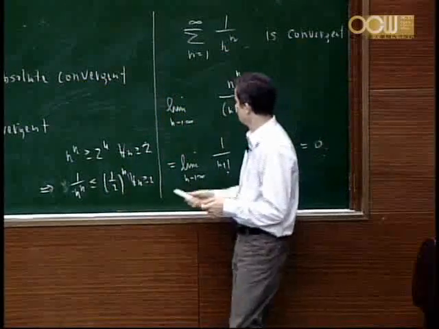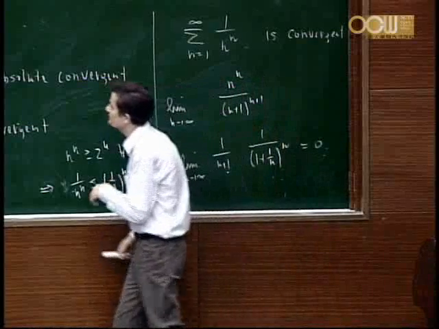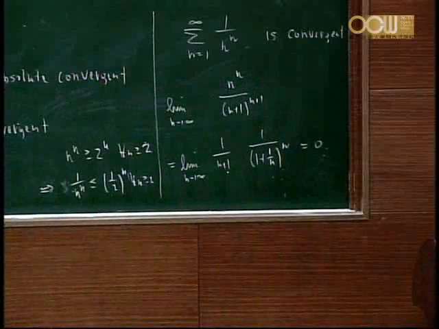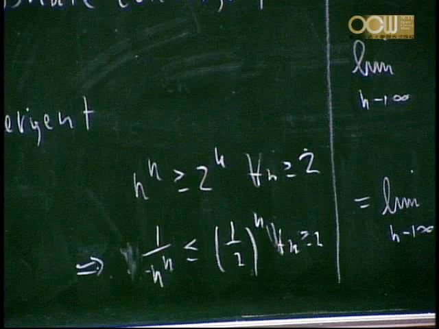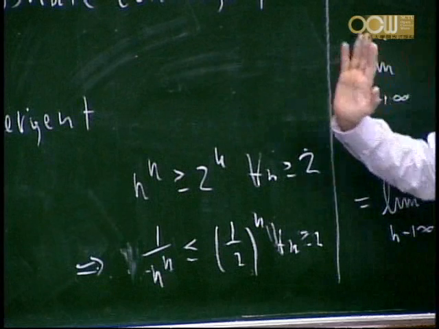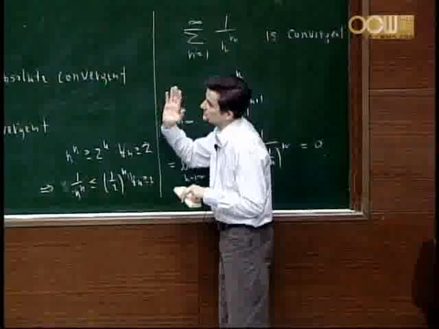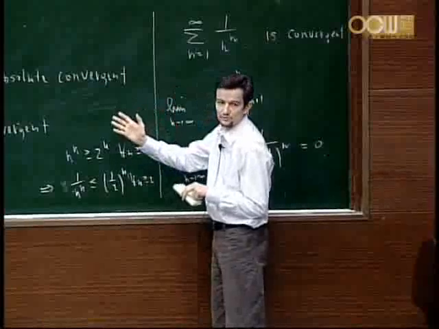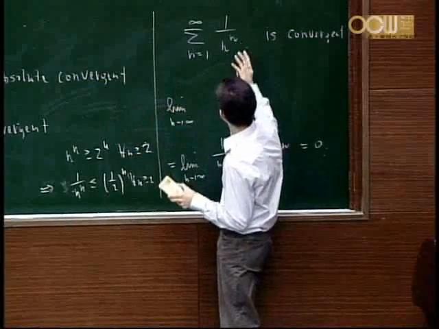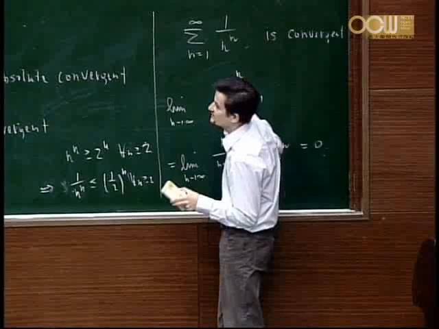So in this case the ratio test is maybe not the easiest test, but it's more systematic, because you can apply it in a systematic manner. You see also the difference between the ratio test and the comparison test. The ratio test is something which Maple can do as well. You can check with Maple whether this limit is smaller than 1.